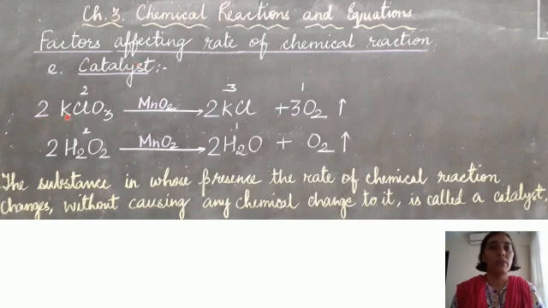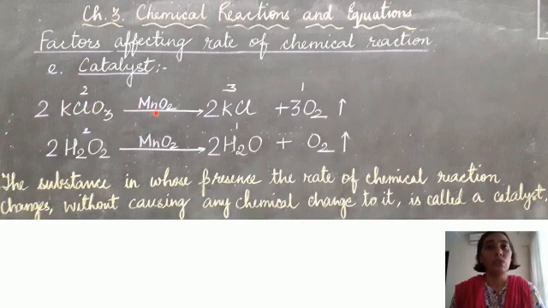So the first example is potassium chlorate, KClO3. Both the examples that we have taken are of decomposition. The decomposition does not take place on heating nor on reducing particle size. So potassium chlorate, even if the temperature is increased, that is we are heating it strongly, or we are using it in the powdered form, does not substantially increase the rate of reaction.